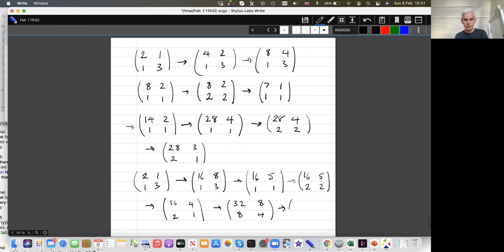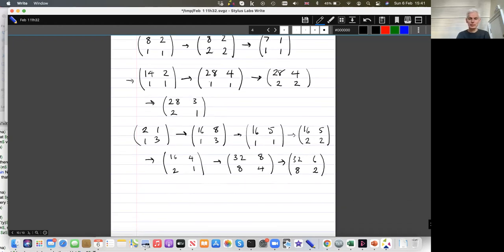That ratio is 2, unfortunately. But I can increase that ratio. So I go to 32, 8, 6, 2. I don't want to go above 4, but I'll go up to 3 there.